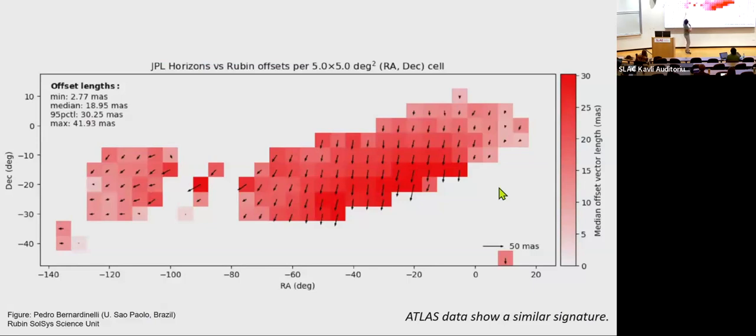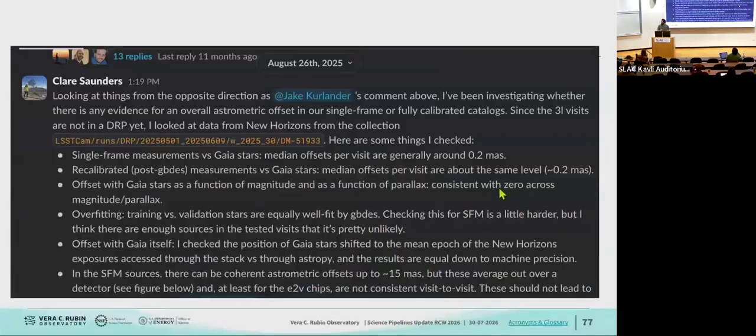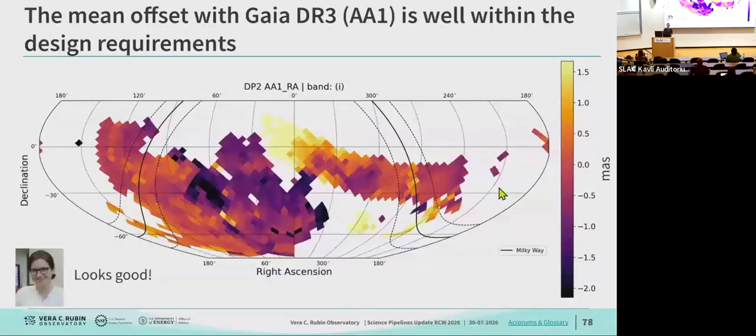Often they are pretty far south, but over here, more west of where we expect them. This got the attention of the astrometry folks, and that's the transition. Claire double checked everything. She found no evidence of a 20 milliarcsecond offset in the astrometry. The mean offset with Gaia DR3 was within 1 or 2 milliarcseconds for the stars in DP2.